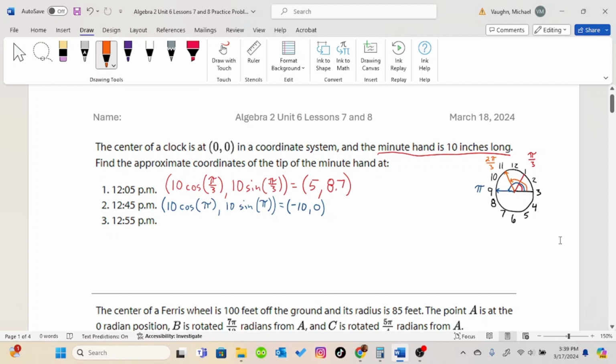If our angle is 2 pi over 3, then we're going to do the same thing we did in the first two. We're going to multiply by 10 because the minute hand is 10 inches long. And we'll want the cosine of 2 pi over 3, and we'll want 10 times the sine of 2 pi over 3.